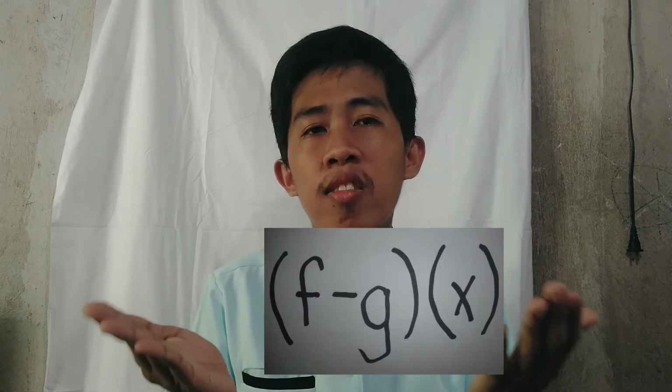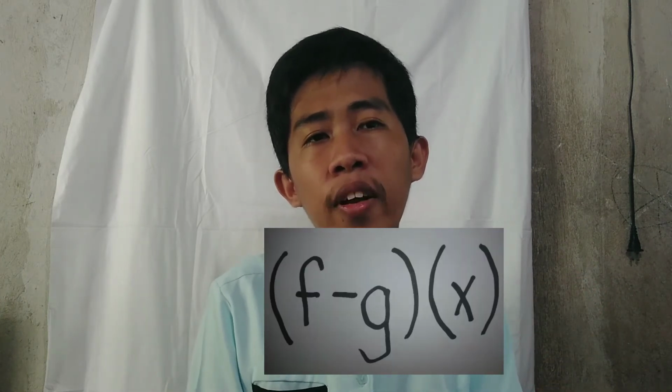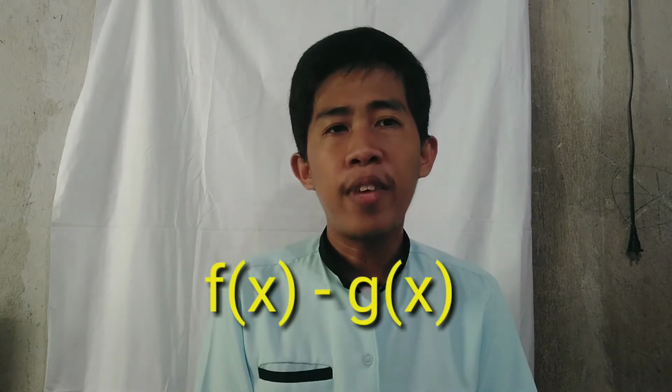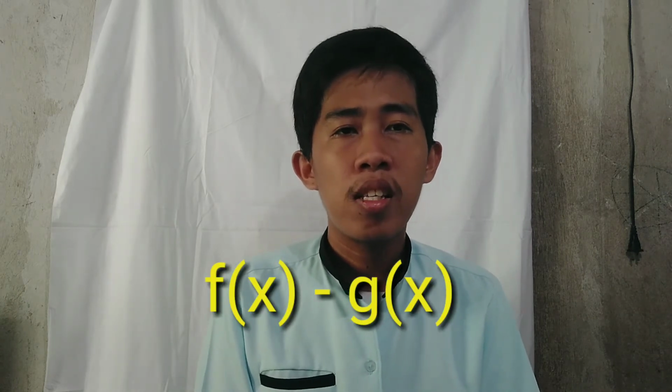Okay, same function pa rin. Yung f of x natin ay x squared at yung g of x natin ay 2x plus 1. So, ano nga ba ang nakikita nating representasyon ng difference of two functions? If we have the functions f of x and g of x. So, kalimitan nating nakikita ito, f minus g of x. And the formula for that is just simply f of x minus g of x.